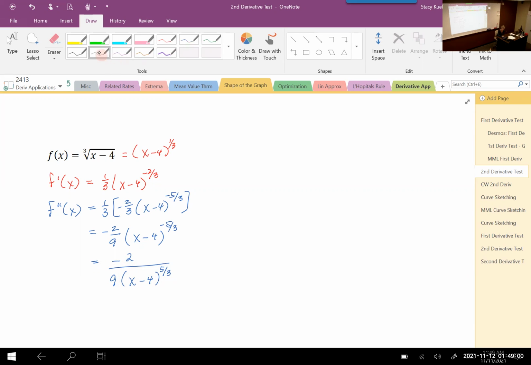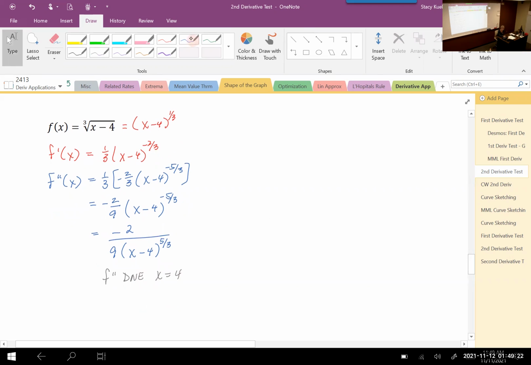So what does this tell me? First of all, the second derivative does not exist when x is equal to 4, correct? Second derivative doesn't exist when x is equal to 4.